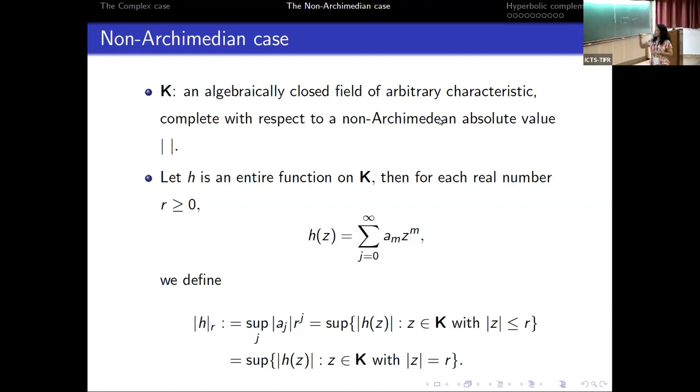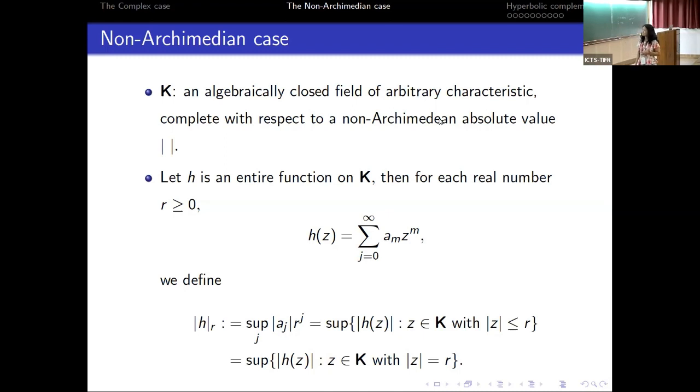There is also a Nevanlinna theory for non-Archimedean fields. My advisor, Hoai, was the first to translate from complex into non-Archimedean fields, and his paper was published in Duke.